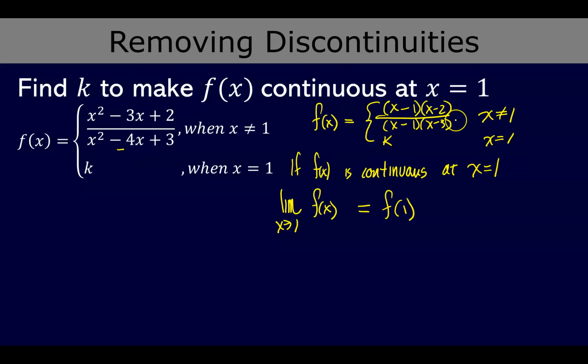I know if I use 0.9, 1.1, 0.99, 1.01, I'm always going to be using this same piece. And so I might as well do a two-sided limit. Okay, so let's deal with the right-hand side first. So f of 1, that's this bottom part. That's k. Right? That says, hey, when x is 1, you use k.